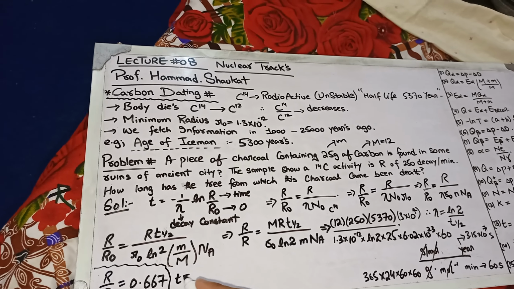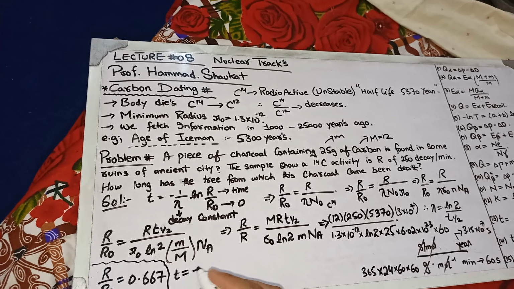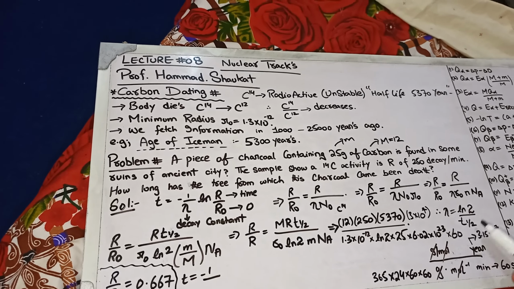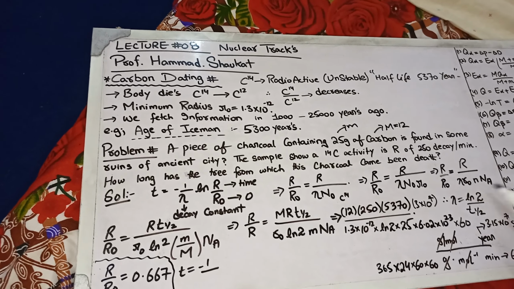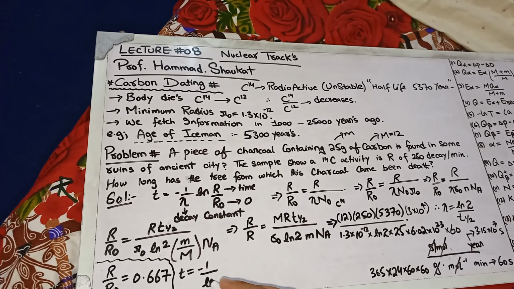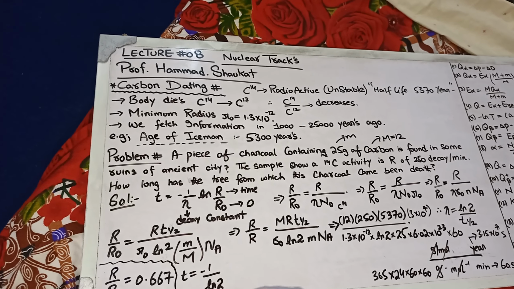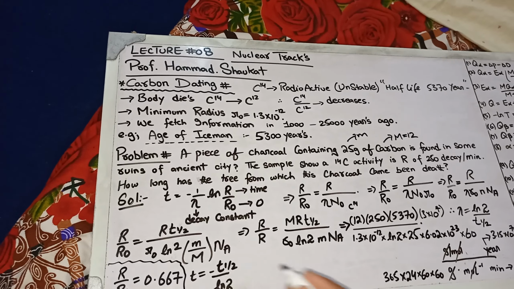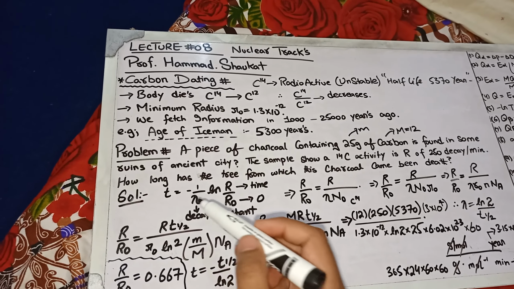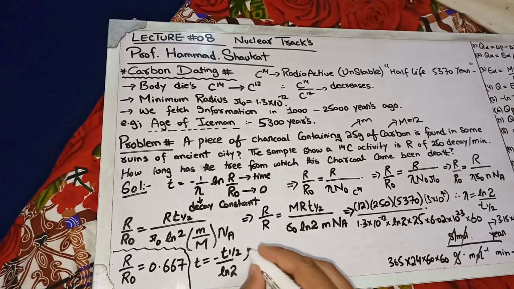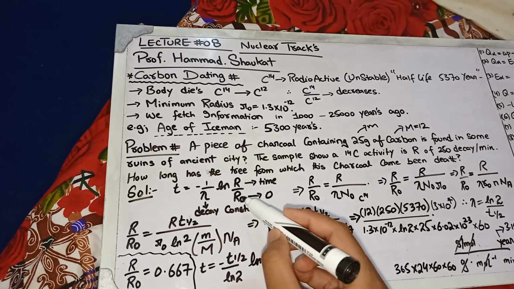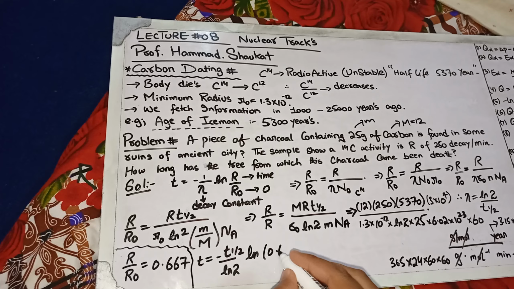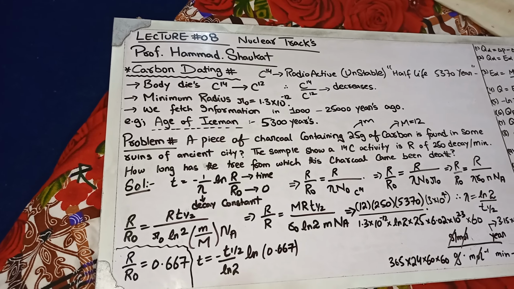Now t becomes equal to minus 1 divided by lambda, and you know the value of lambda is ln of 2 over t power 1 by 2, so t power 1 by 2 comes outside into the numerator, after putting the value of lambda here, times ln of r divided by r naught. You already found this, so put 0.667 here.